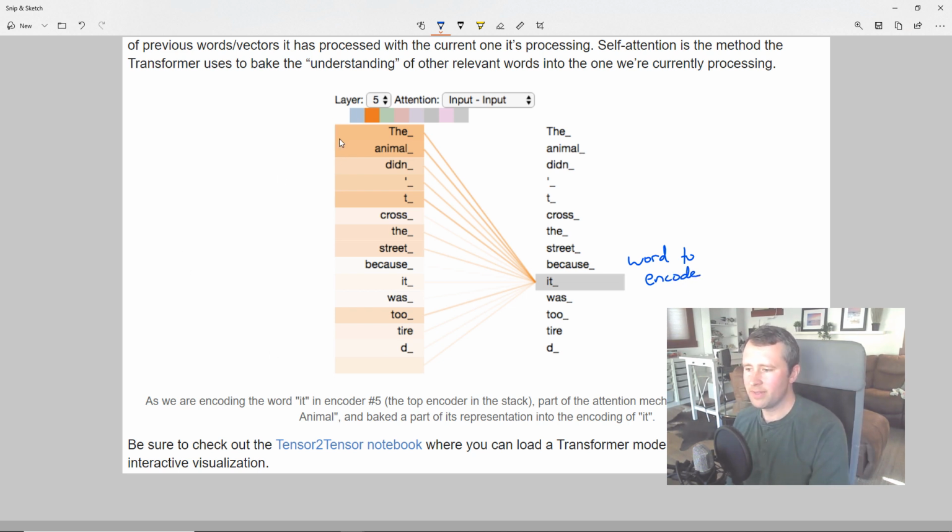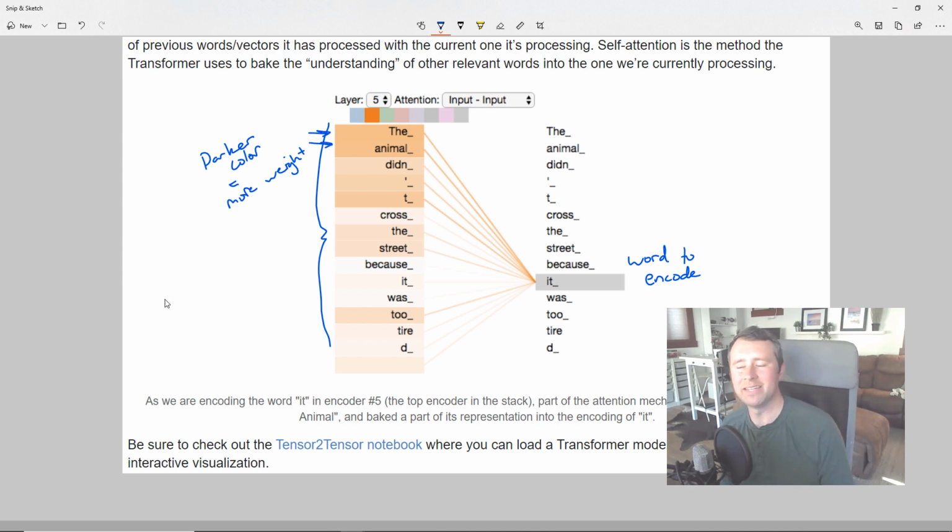And over here are all the other words in the sentence. A darker color means more weight. And all of the words in the sentence are incorporated to some degree, but the most weight is on "the animal". So you can see that it's correctly associating those two words with "it". Pretty cool.